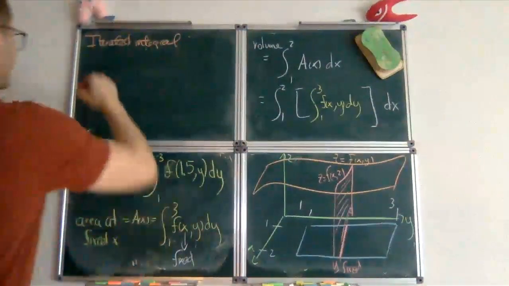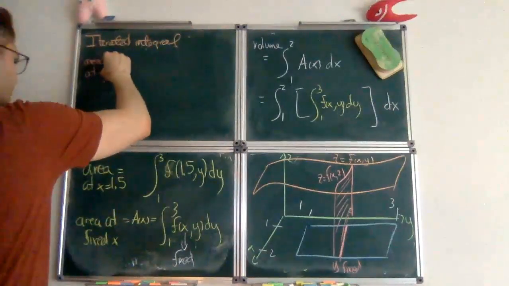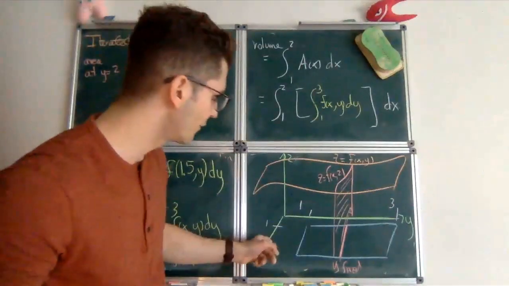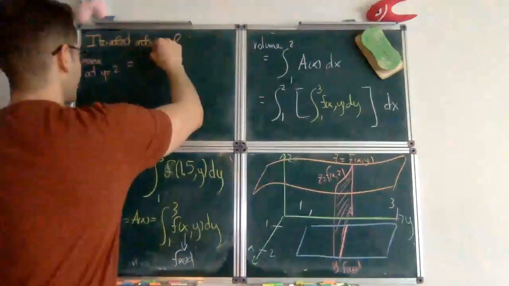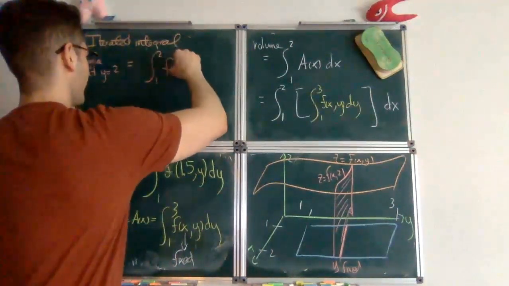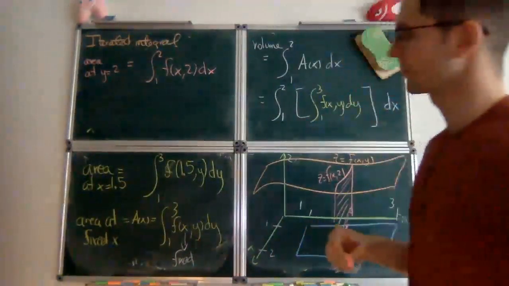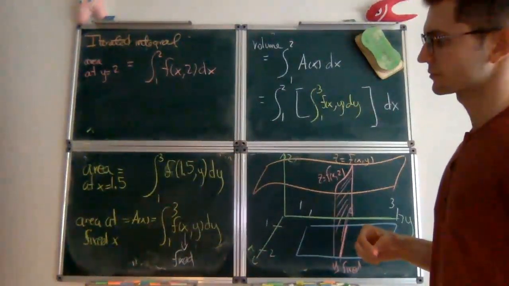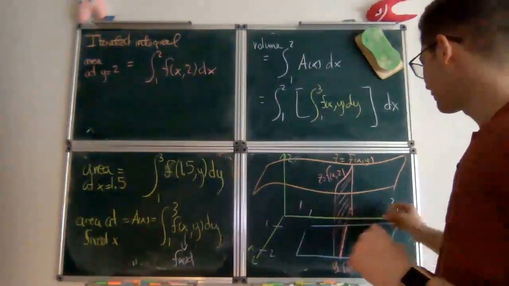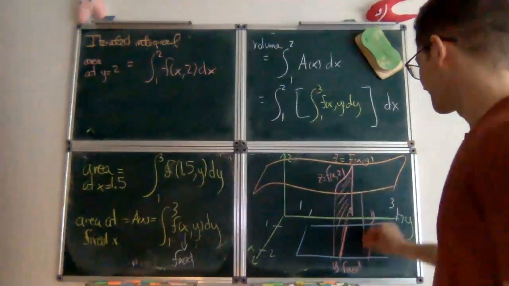So what we want to say is that the area at y equals 2 is just what? Well, x is free to vary between 1 and 2. So it's the integral from 1 to 2 of f of x comma 2 dx. Okay? And so when you don't fix y equal to 2 but just to a different value for y, a similar story happens.